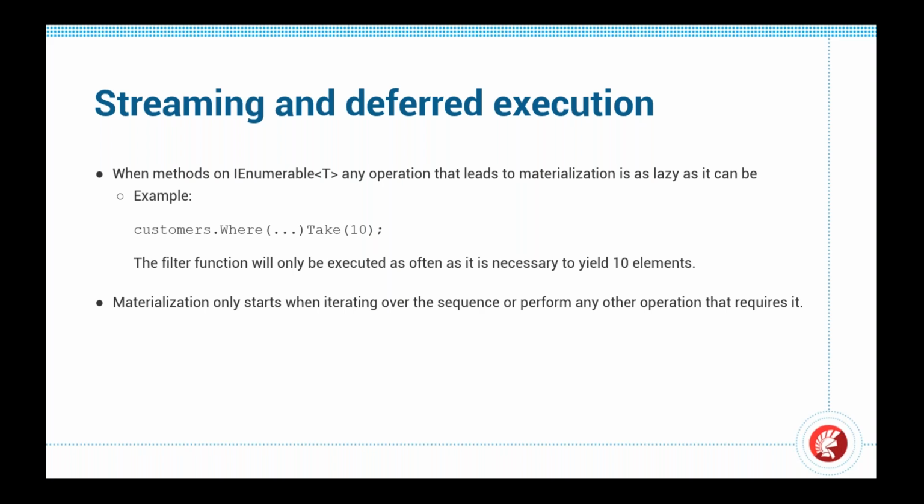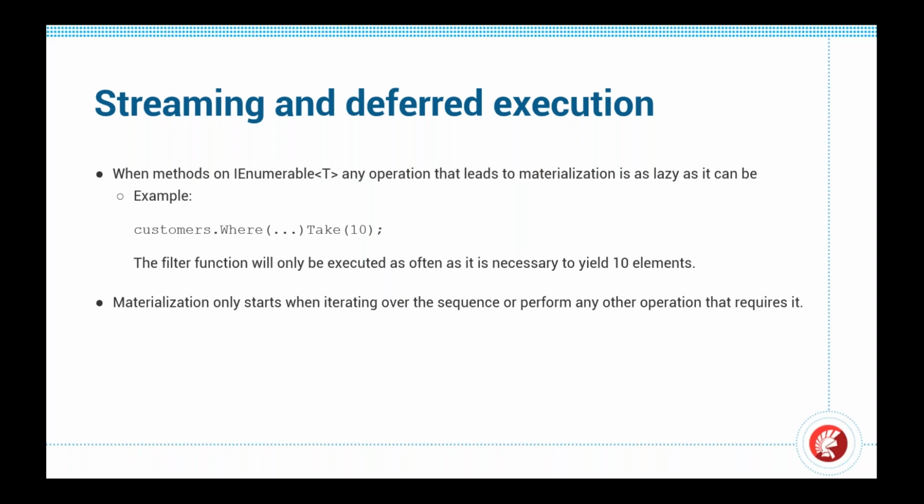So this goes with the streaming and the deferred execution. When I execute any method on Enumerable, and this method leads to some results, the operation that is then being done is as lazy as it can be. In this example, let's say we have the customers with the criteria to only get certain customers. And I say then, okay, take 10 of those customers. Oh, there's a missing dot here.